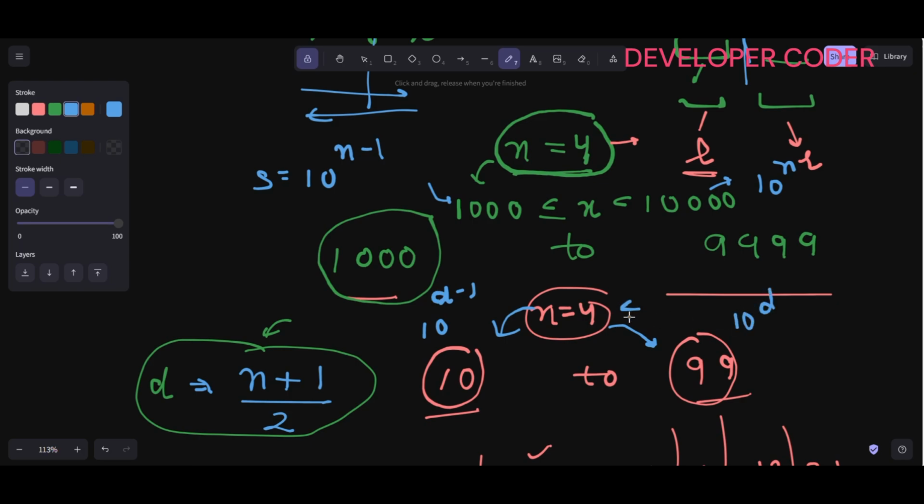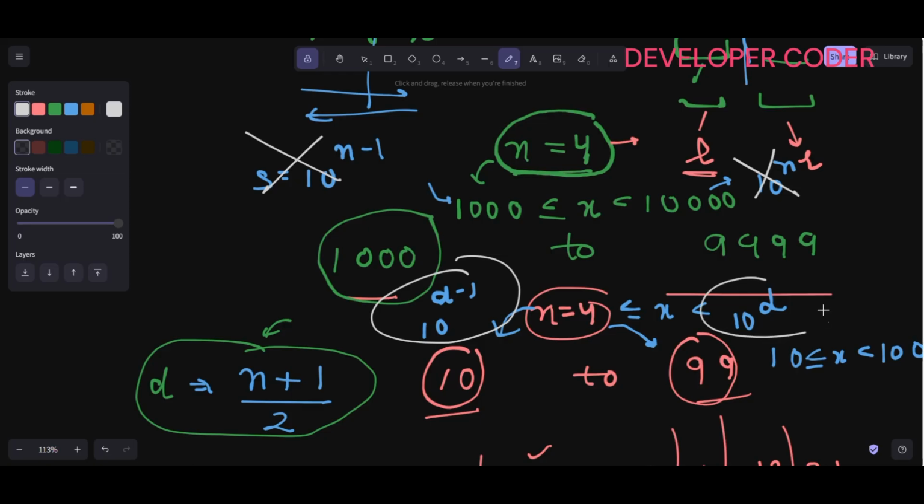So numbers x should be less than 100, ranging from 10 to the power d, d is 2 in this case when your n is equal to 4. So we don't need to care about this, ignore this.